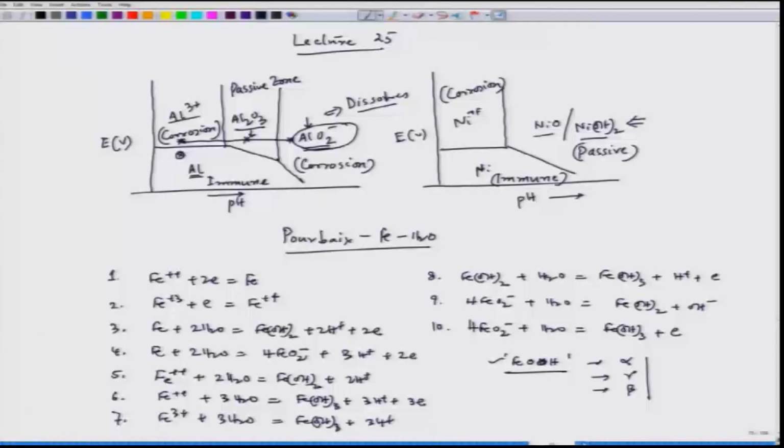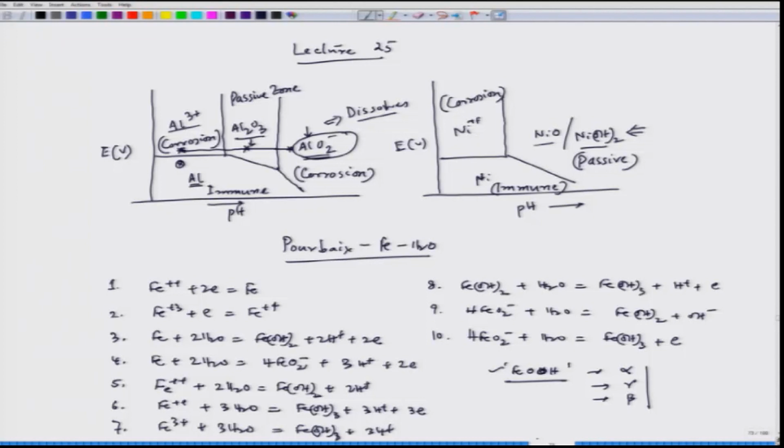Now, if I try to see the schematic diagram for iron system, let us get to what the schematic diagram would look like.